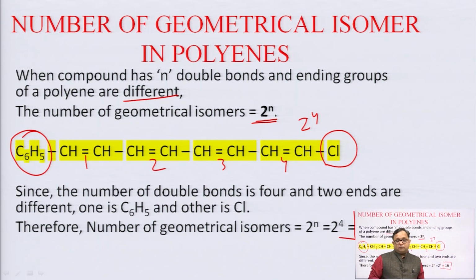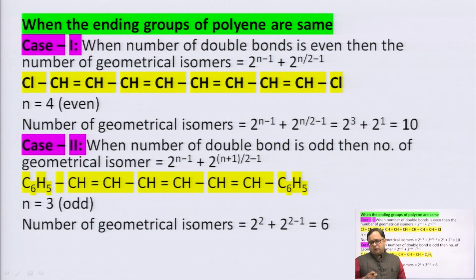So, in a polyene compound that has 2 different ends, the number of double bonds will definitely give an idea of how many geometrical isomers there will be. But what happens if both the end groups are the same? In this case, we have to check whether the number of double bonds is even or odd. So, in that case the formula will be different.